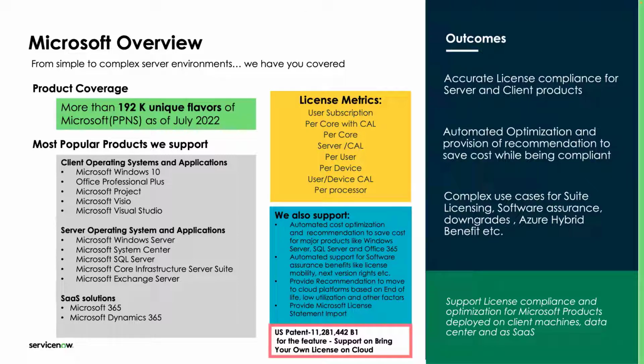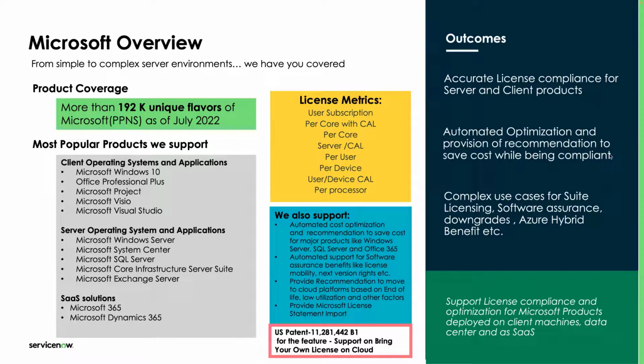And ServiceNow does a good job in determining the compliance position for all these different types of software, be it client operating systems and applications, which includes Project, Visio, server operating systems and applications like Windows Server, SQL, System Center, and of course, SaaS solutions like Microsoft 365 and Dynamics 365.